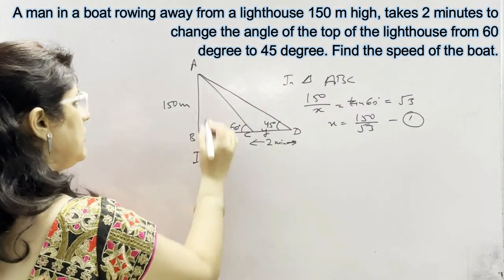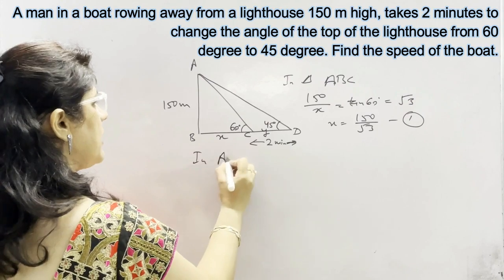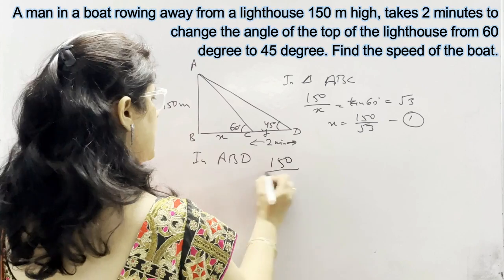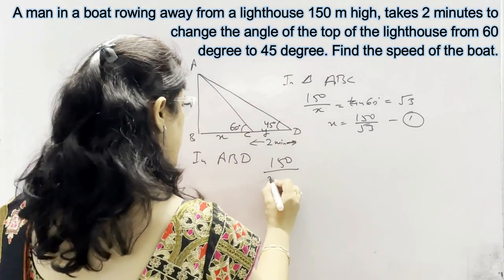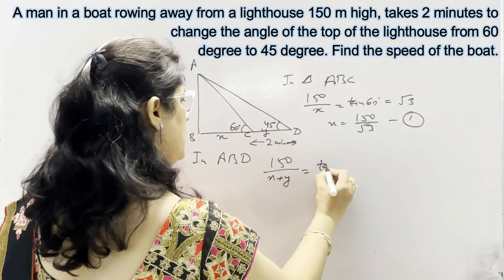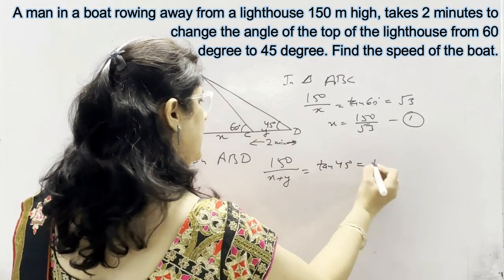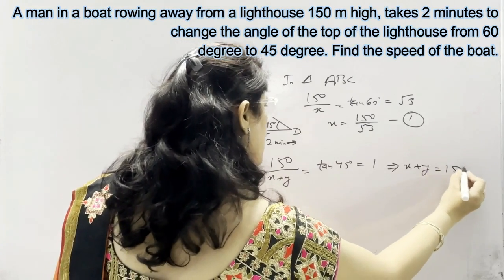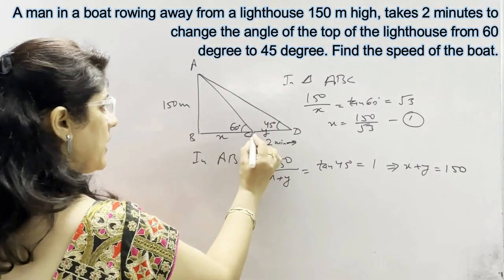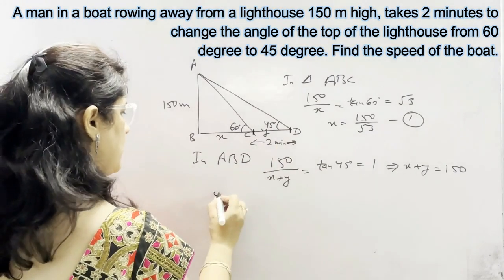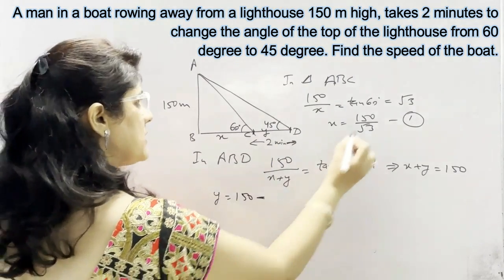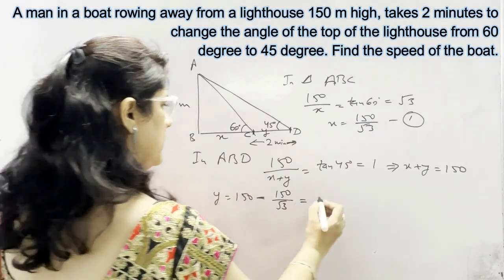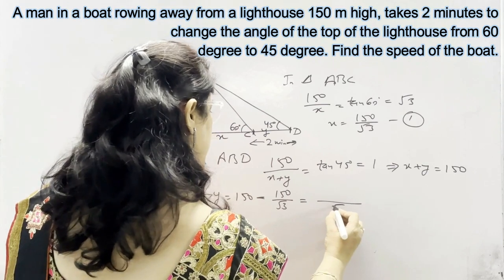Now in next triangle, complete triangle A, B, D. Height remains same, so perpendicular is same, but base changes. 150 upon x plus y is equal to tan 45 and value is 1. So, x plus y is equal to 150. We need to calculate this y distance. So, y is equal to 150 minus x and value of x is 150 upon under root 3. Here, LCM is under root 3.